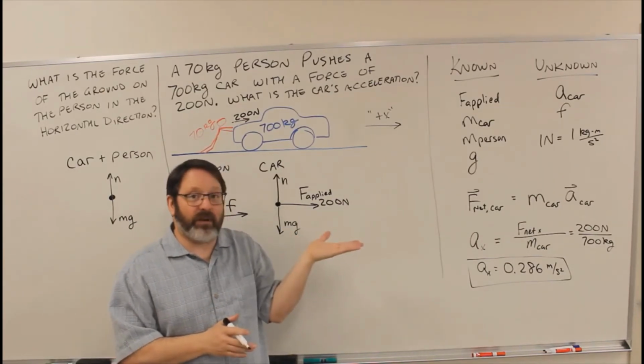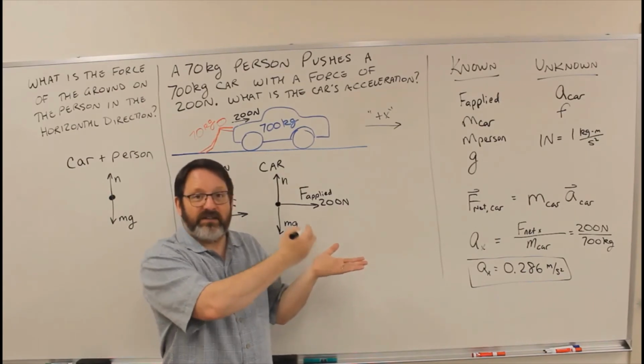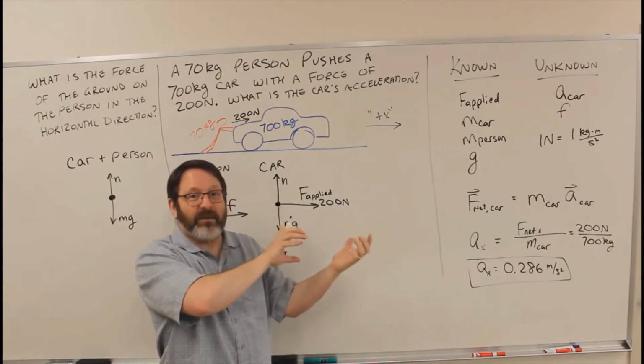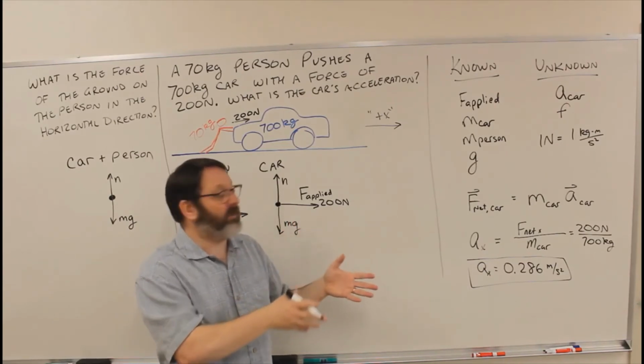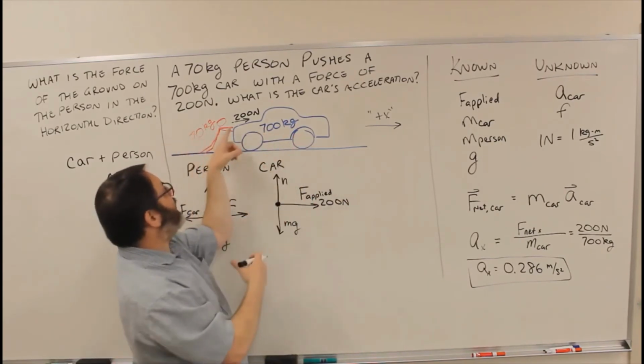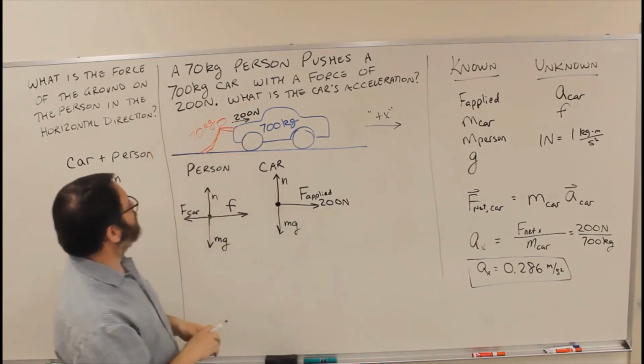Just like for holding the book up, I didn't care about what the forces are, is there glue holding the pages together here on the binding? I don't care about any of the forces inside the book. I care about what's acting on the book. So with the car and the person as my whole system, I don't care what the force is inside. I only care about what acts from outside.